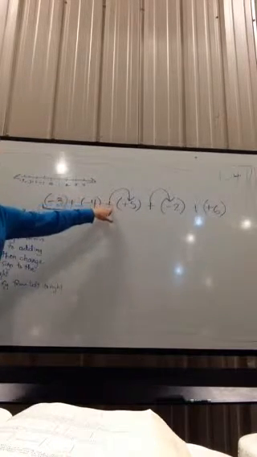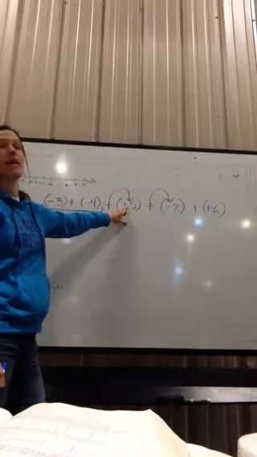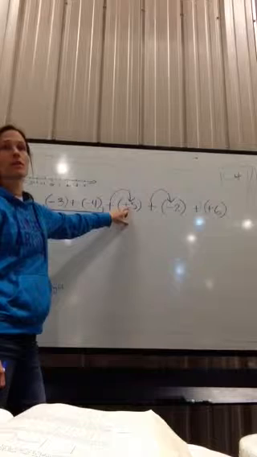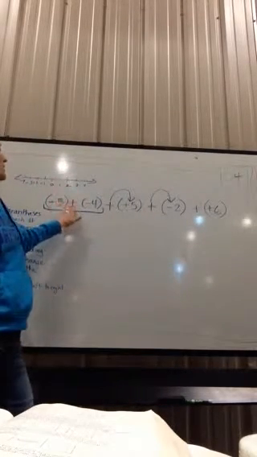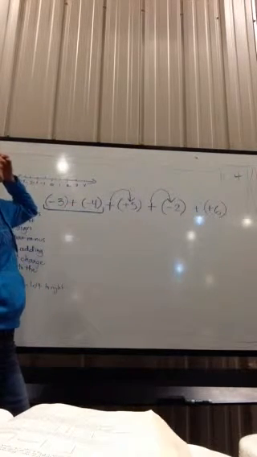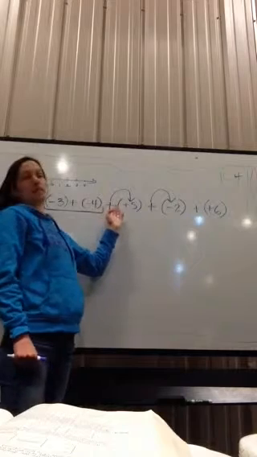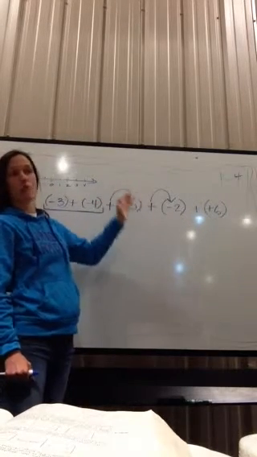This one was a minus, Isaac, so we changed it to a plus, and then we changed that from negative to positive. The only time you change the sign is if there's a minus. If there's a minus, you change it to a plus, and then change the sign to the right.